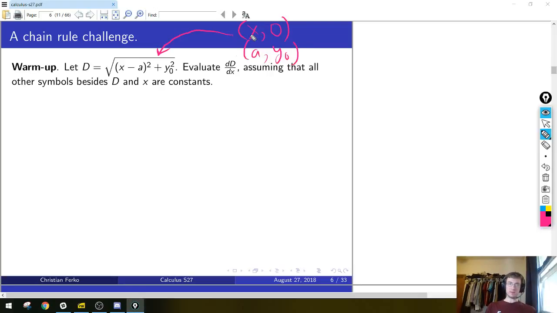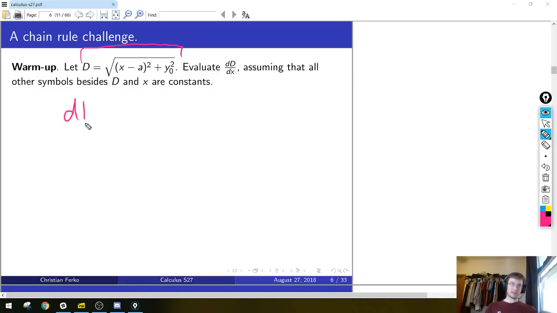Because by Pythagoras, you would take the square root of x minus a squared plus y0 minus 0 squared. So this is just the distance between 2 points, but we're not going to use the geometrical interpretation. We're just going to take this as some God-given function which was handed down to us and evaluate the derivative.